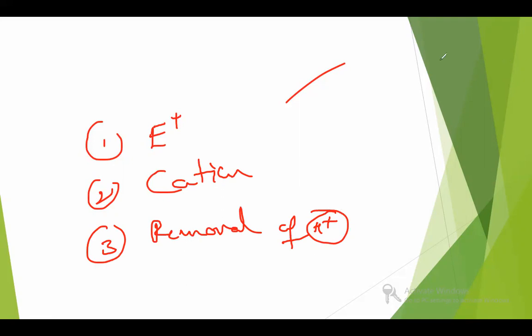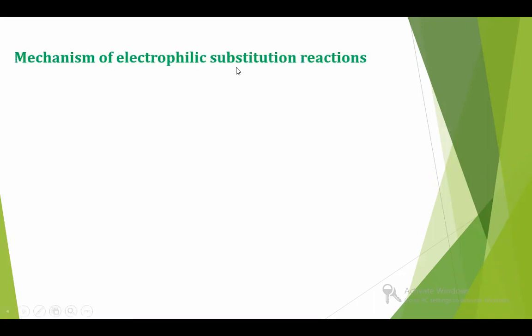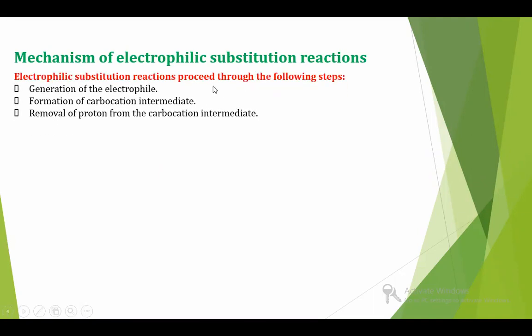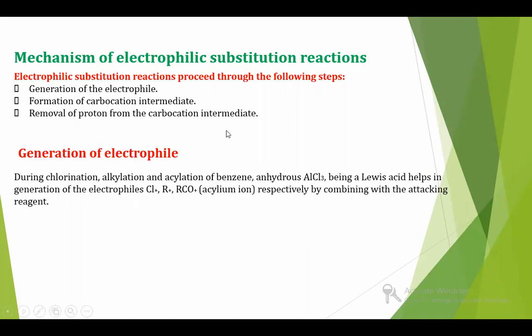So we'll see step by step how the electrophile is generated, taking one example, how ions form and how it attacks. First, the mechanism of electrophilic substitution reaction proceeds through these steps: generation of the electrophile, formation of the carbocation intermediate, and removal of a proton from the carbocation intermediate. First, generation of the electrophile.